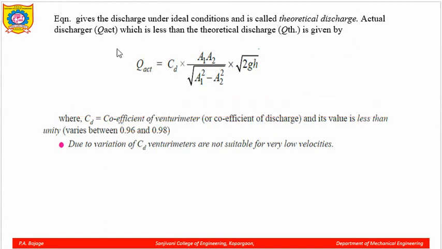So, Q actual will be CD into A1 A2 upon under root A1 square minus A2 square into under root twice GH. So, that is the equation for actual discharge for a venturimeter.